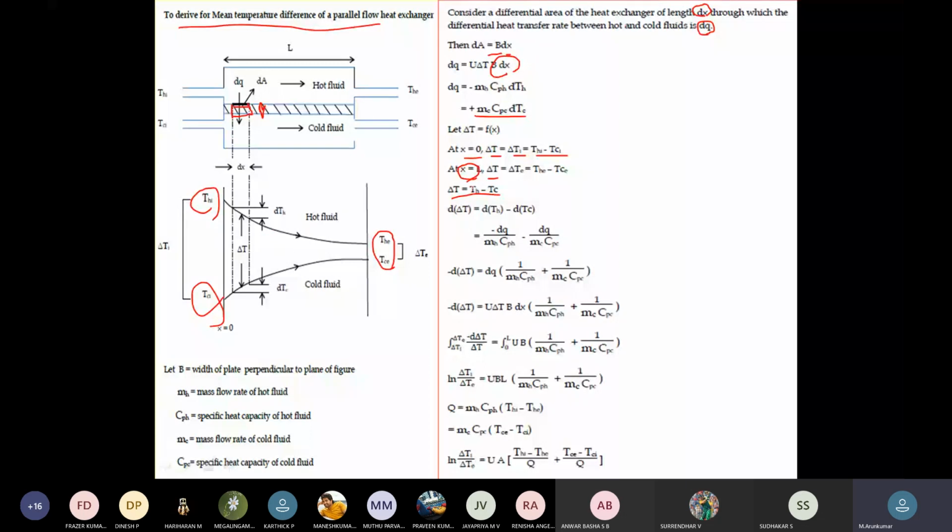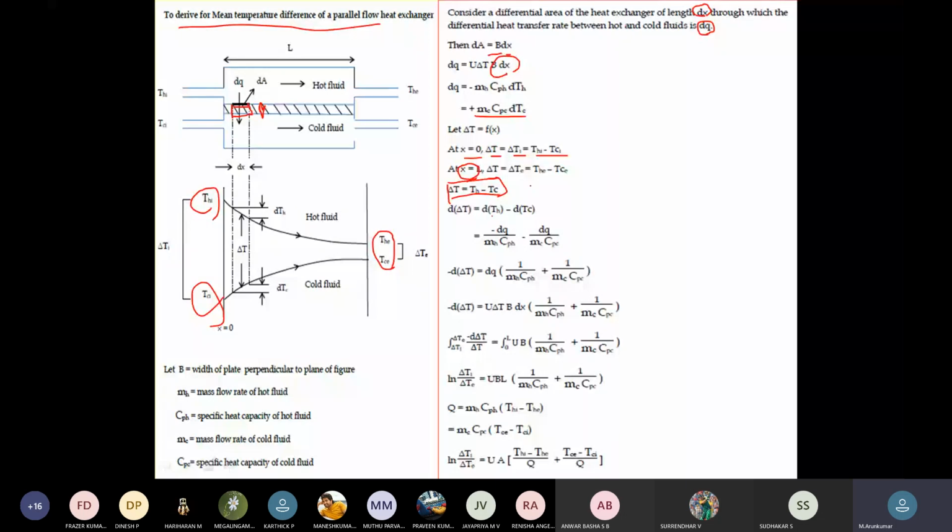So if 1 is the state, we have the inlet, and if 2 is the state, we have the exit. If x is in between, we can have a different change in temperature, right? So if you differentiate this equation, we can write d(delta T) equal to dT_h minus dT_c.